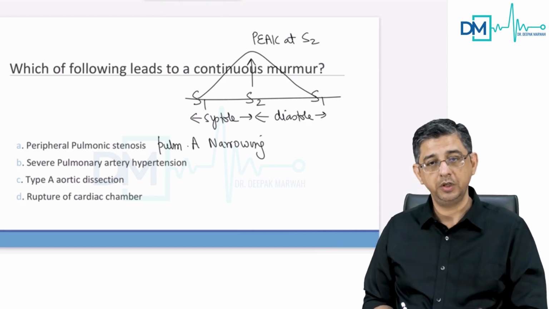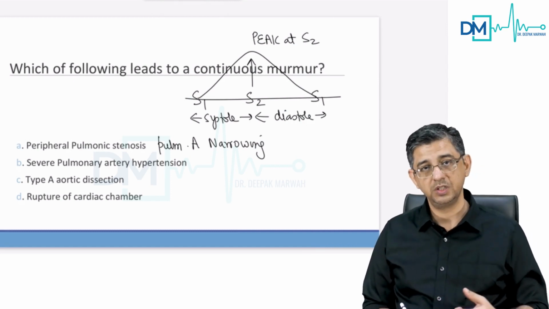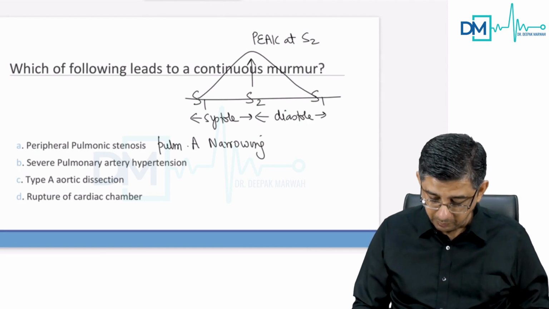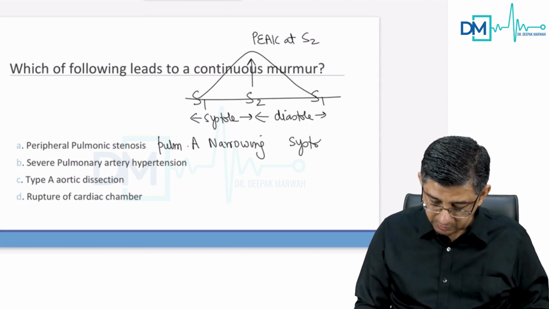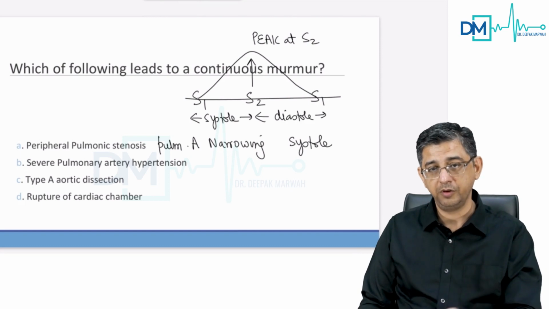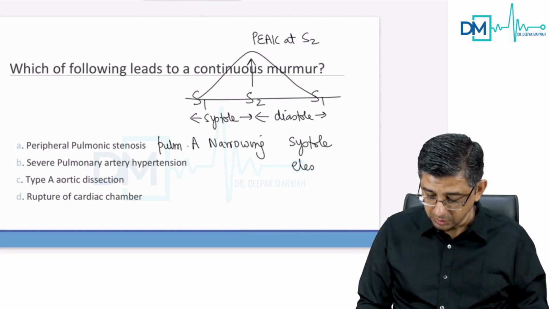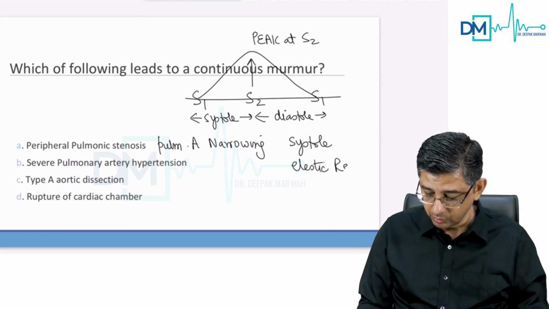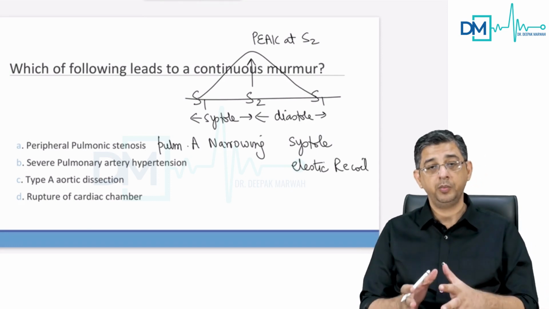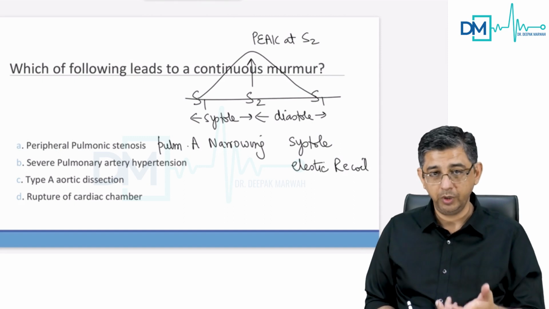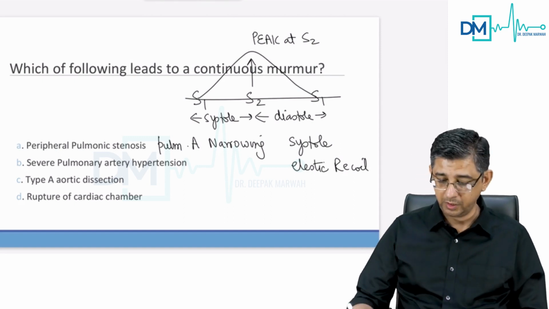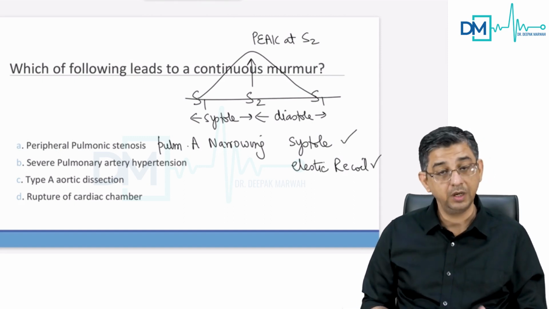The elastic recoil of the vessels, the peripheral resistance. So I repeat: the power of the heart in systole is the driving force for blood in the forward direction in the pulmonary artery. In diastole, it is the elastic recoil of the vessels that ensures forward flow of blood. And if your pulmonary artery is narrowed, you will have turbulence. That turbulence will be present both in systole and in diastole, due to the elastic recoil.